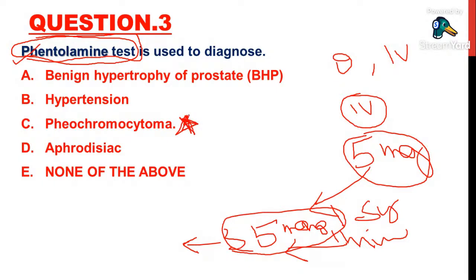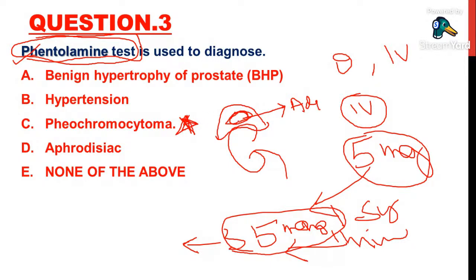Pheochromocytoma is a condition of the adrenal gland, sorry, not the prostate gland. In the adrenal gland we have the adrenal medulla. Due to the formation of tumors in the adrenal medulla, a larger amount of adrenaline is released, because the adrenal medulla synthesizes adrenaline.